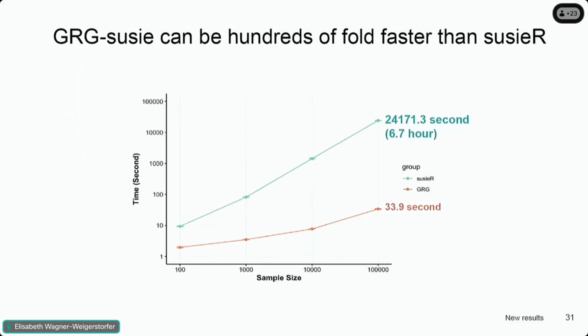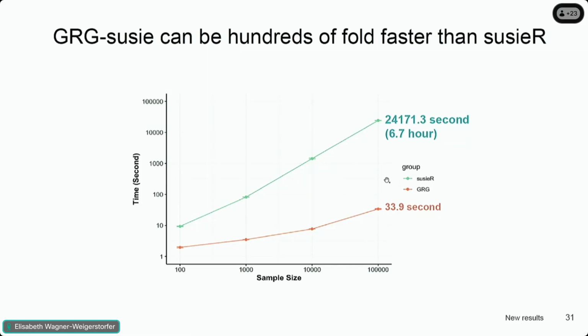And here's the result. On the x-axis, we have sample size, and the y-axis is the runtime of this fine mapping approach. This is based on a particular simulated architecture, but we expect that we will be generally much faster. When the sample size is large, we're really pretty fast.